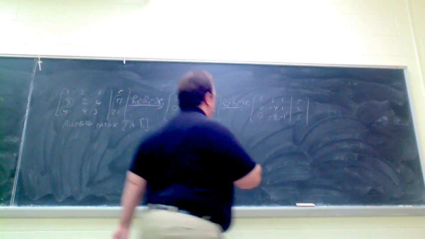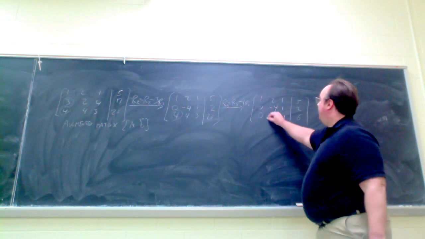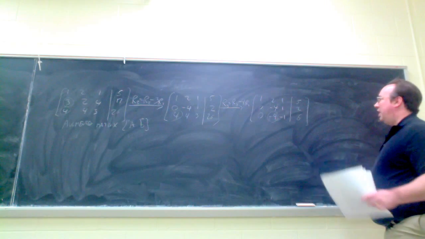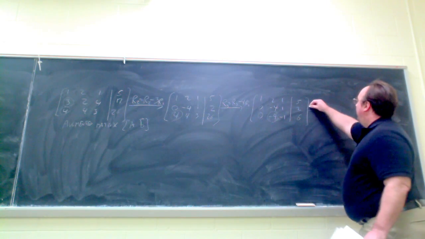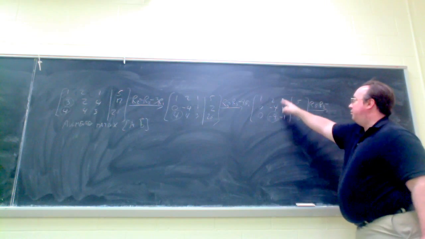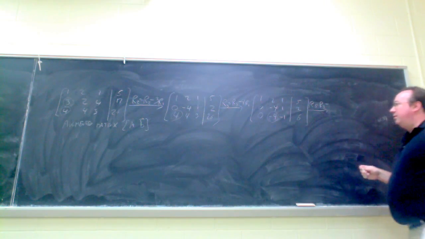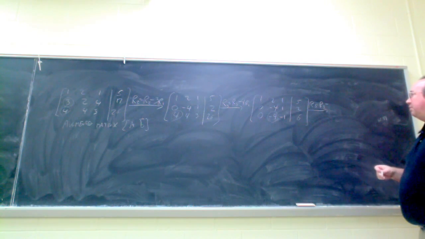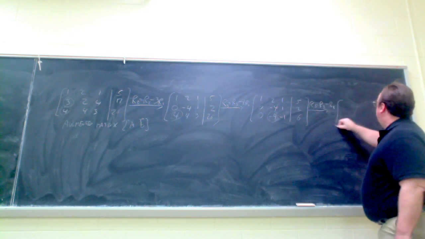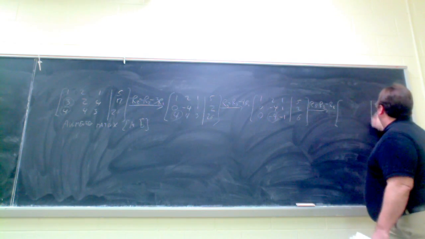Now, the last entry I need to eliminate is this one. So now I can just subtract the 2 rows. Row 3 is equal to itself, and I'm going to use row 2 now. I don't need row 1 anymore. That would actually mess things up. So R2.